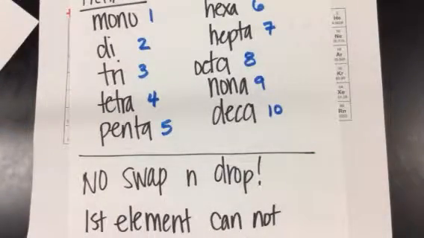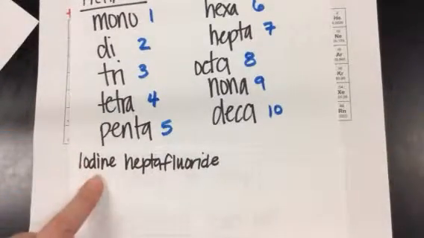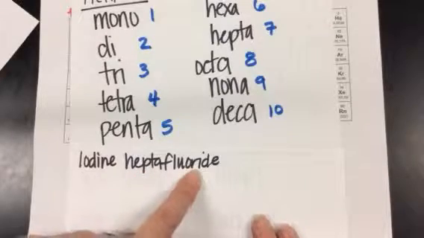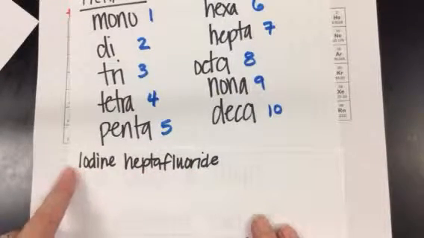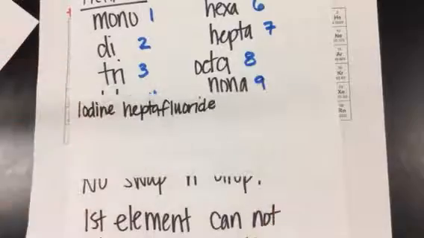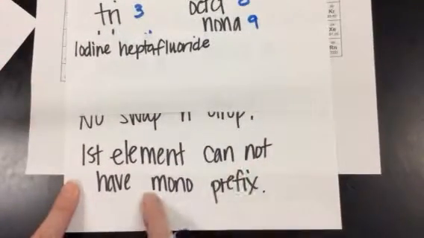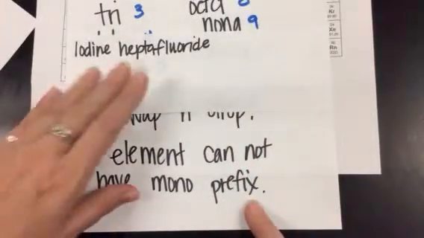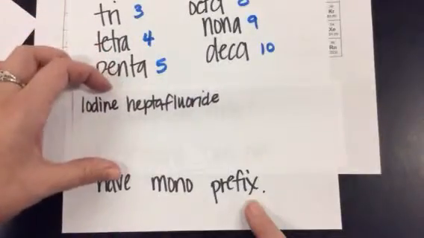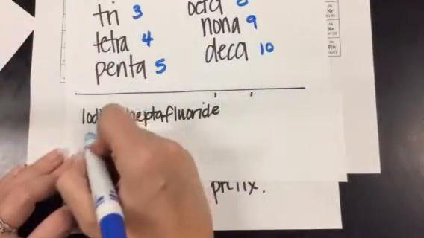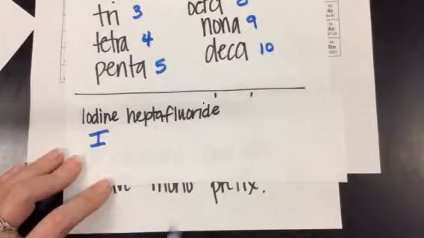On my next example, I have iodine heptafluoride. Now there's no prefix in front of iodine here, and that's because your first element name cannot have mono for a prefix. So that means that in iodine heptafluoride, I have 1 iodine.